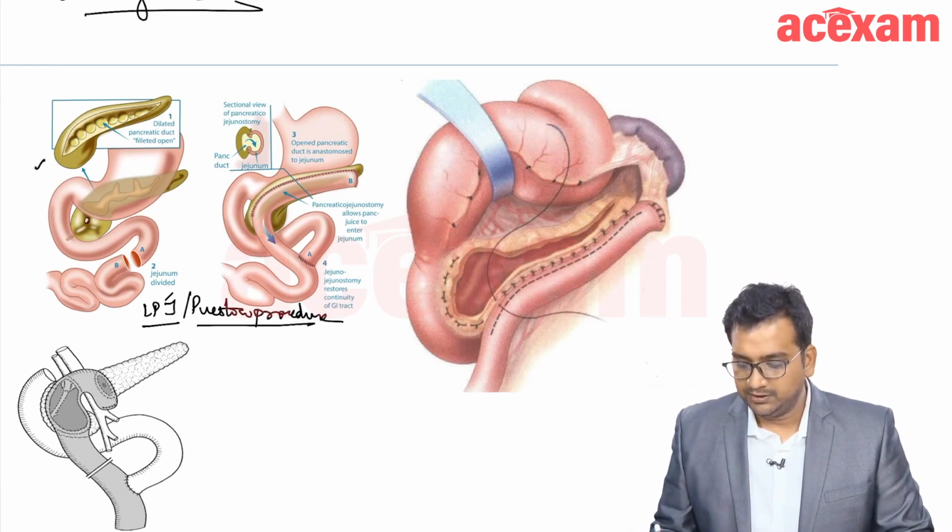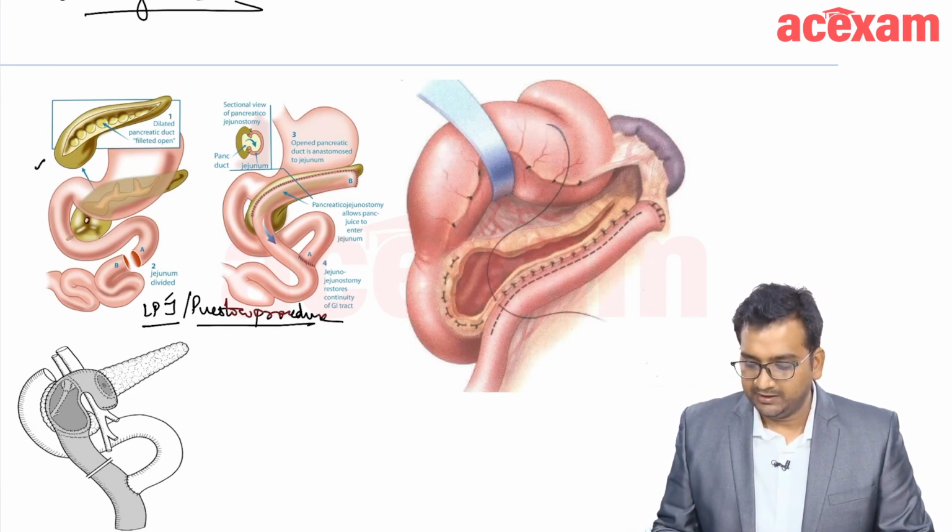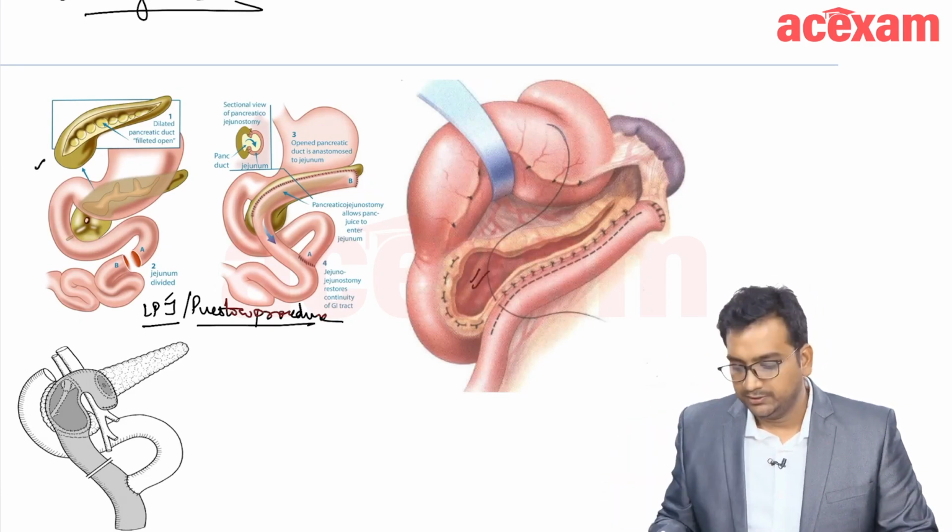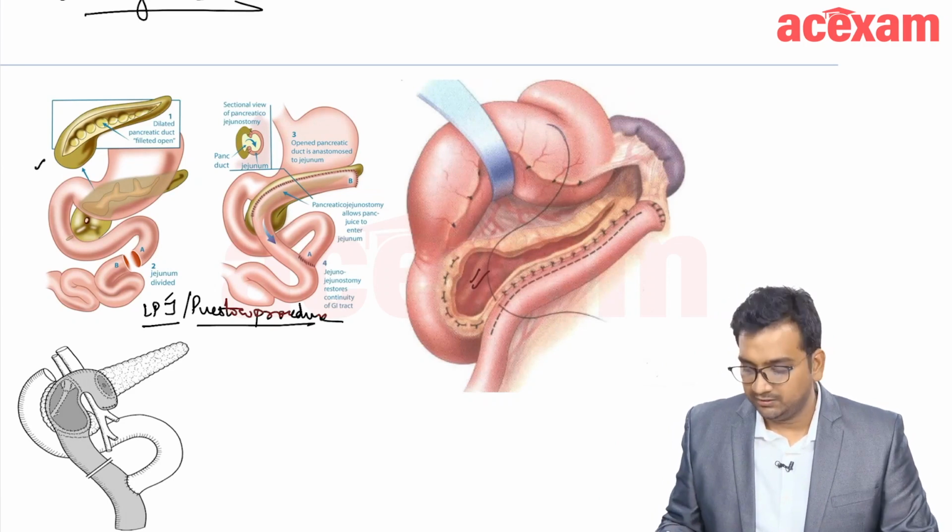Now in this procedure we are opening the pancreatic duct and we have resected the head of the pancreas also. So this is a combined procedure, which is the Frey procedure.